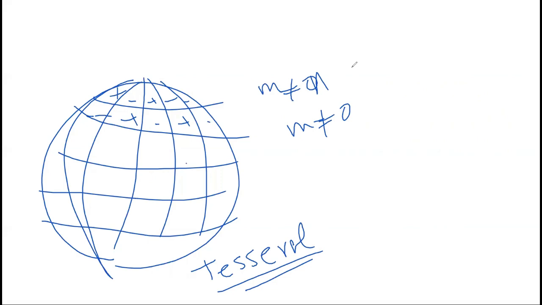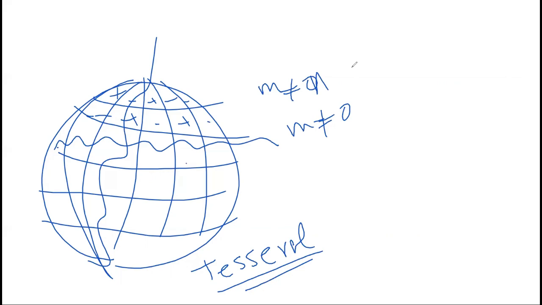It's a little bit more complicated. We have variations like this here, and also along meridians. And the long wavelength structures of the gravity field are mainly inside the tesseral harmonics.